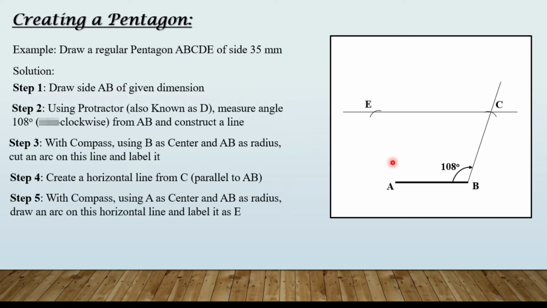In order to avoid any confusion, I have taken help of this horizontal line and I have taken only one angle at this position. I am not measuring it again at this location.